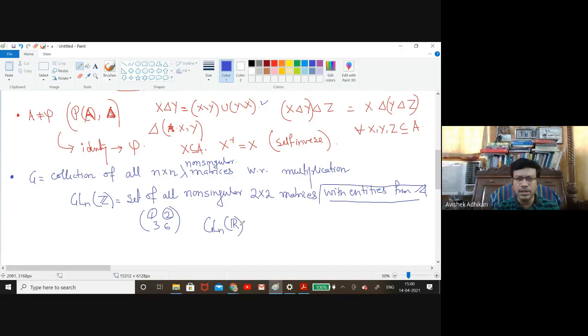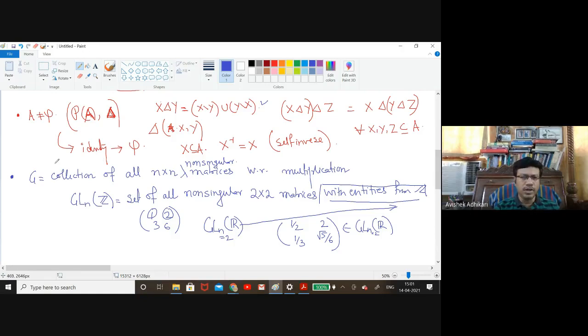Here instead of Z, the entries will be from R. For example, half, 2, 1/3, 5 by 6, or root 5 by 6. That is within GLn(R). Here I have considered n equal to 2, but it could be anything greater than or equal to 1. If it is 1, then just one entry. If it is 3, then it's a 3 by 3 matrix.